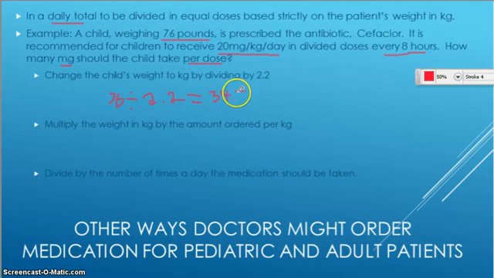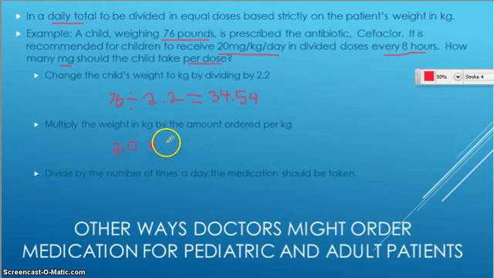So I just leave that big long number in my calculator and I continue on and read the rest of the problem. So the next step says to multiply that weight, that 34.54, by the amount ordered per kilogram. The amount ordered per kilogram was that 20 milligrams. So we're going to take that 20 and multiply it by that big long number in your calculator.